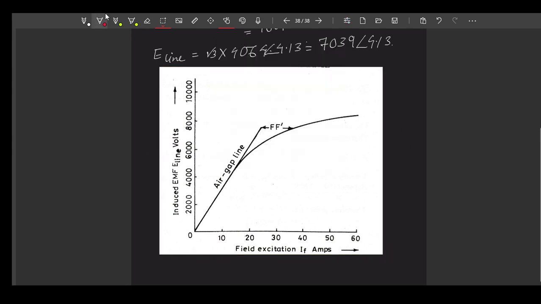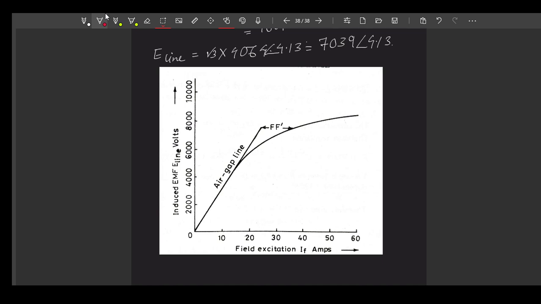Now see that here we are getting this value. It is interesting to note that from this curve we can actually figure out many things.